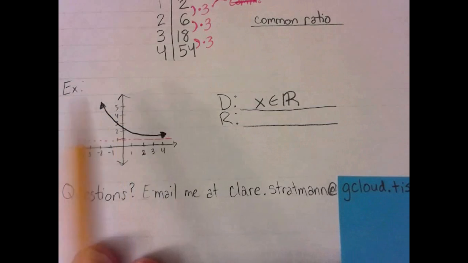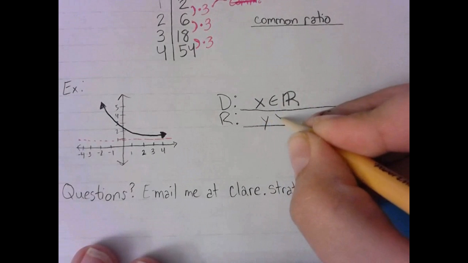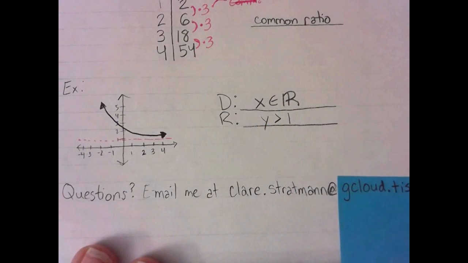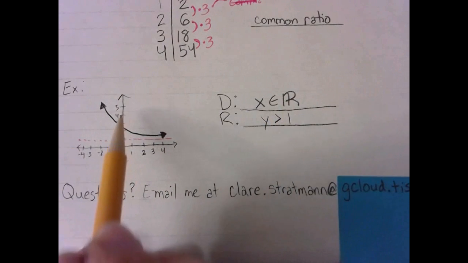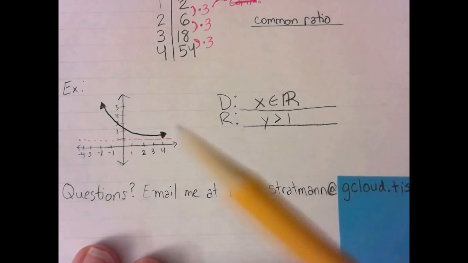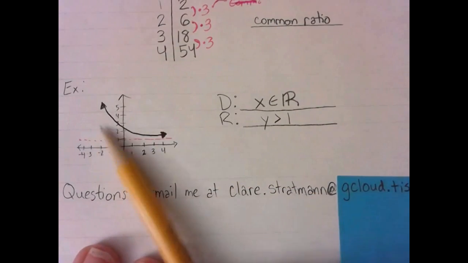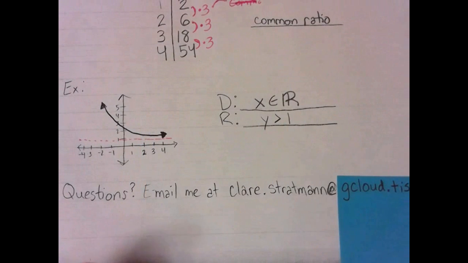It goes up forever and ever. So that means y has to be greater than 1 because it gets really close to 1 but never touches it, and it's above. If it was down here, we'd have less than, but it's not going down. It's above our y equals 1 line. So y has to be greater than 1.